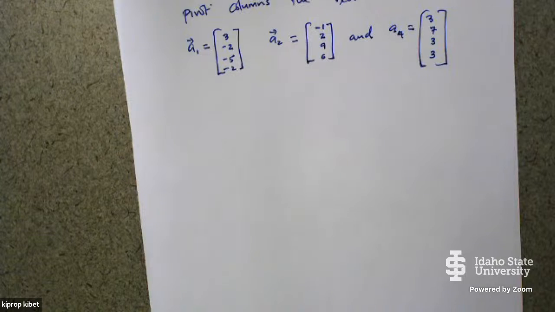If these are the ones giving us the pivot positions, then these vectors A1, A2, and A4 will be linearly independent.